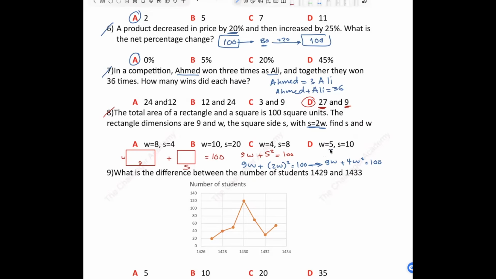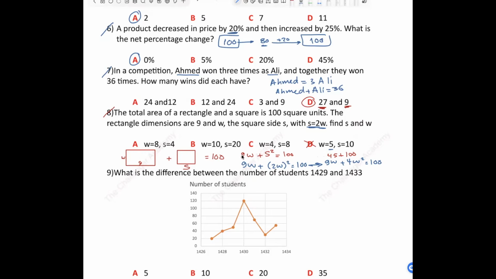If you put W equals 5, 9 times 5 is 45. So we have 45 plus W squared, which is 5 squared, which equals 25. 25 times 4 is 100. So it's greater than 100, so it's not the correct answer.